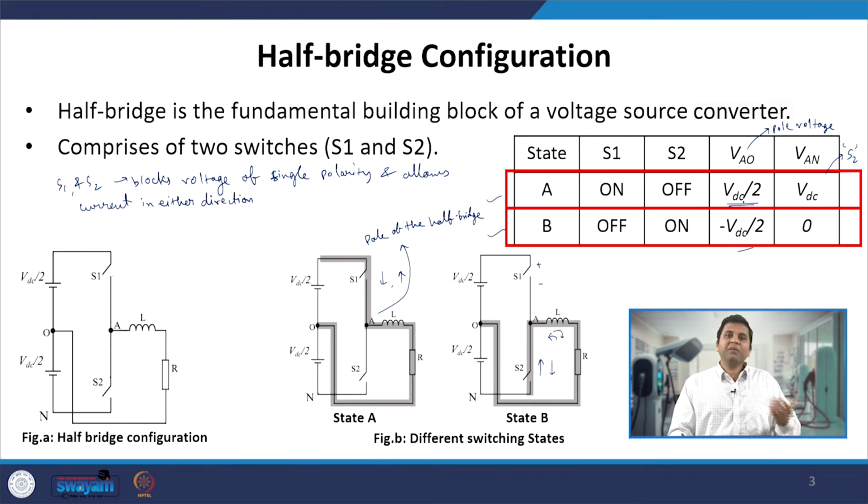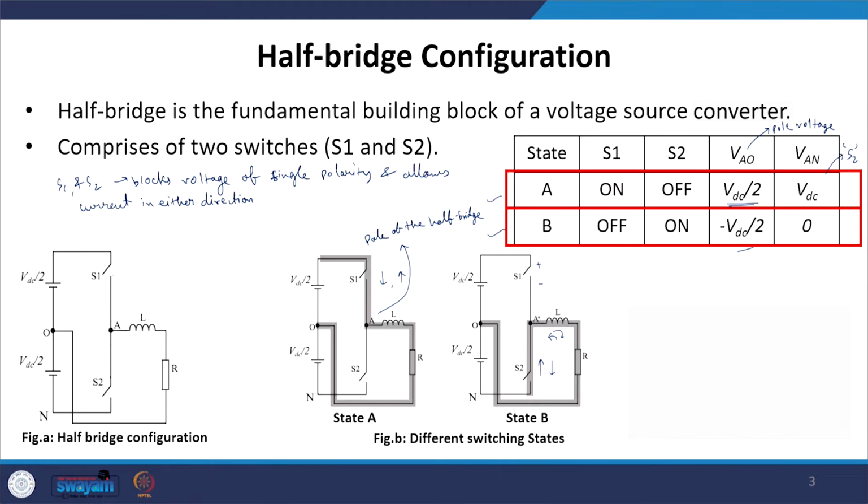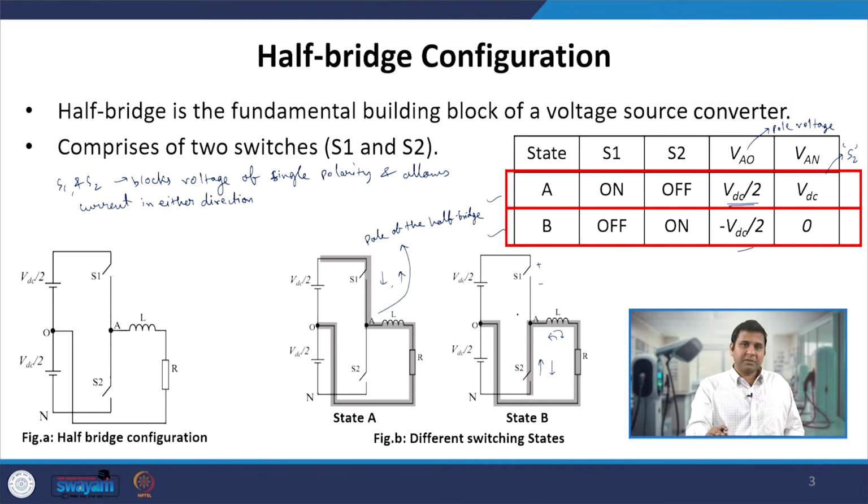That is how from the DC we can get the AC output, or if we have the AC at the input, we can generate the DC, vice versa in either direction. So let us see how we can vary this average pole voltage in this half bridge configuration.